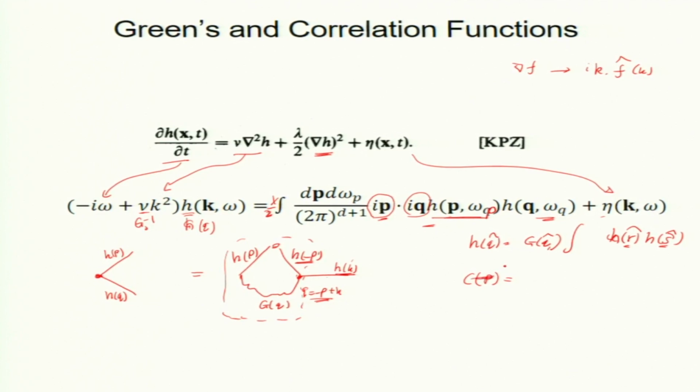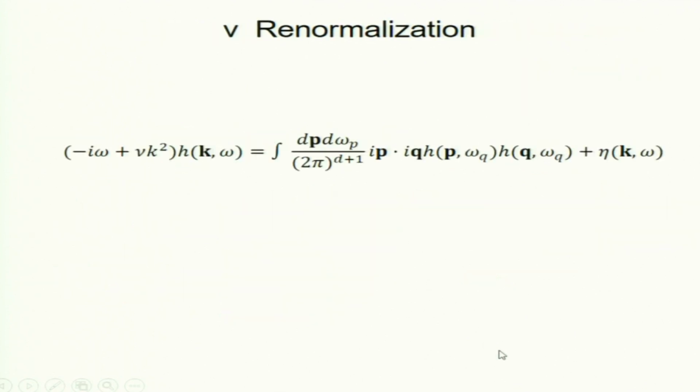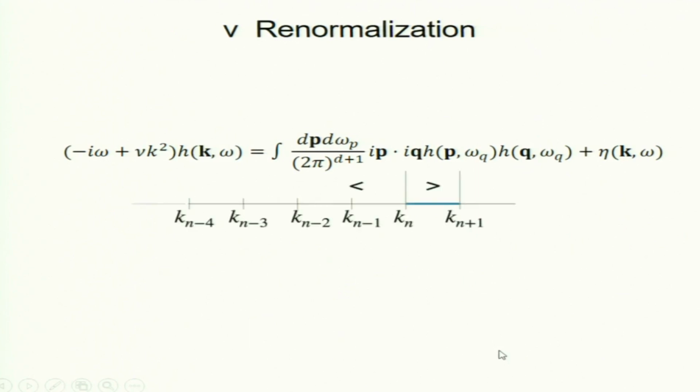Now, I forgot to say one more thing. So this is a Green's function, and the correlation function I discussed before. So this is what we will do. New normalization, this is what I wanted to say. I need to separate into less and greater.